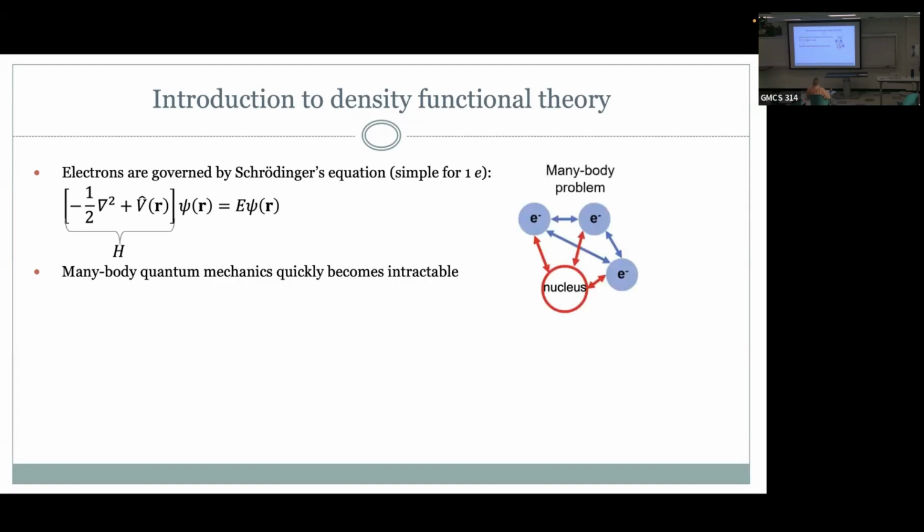The problem is when you have multiple electrons, it becomes a many-body problem, and it quickly becomes intractable. The many-body quantum mechanics is extremely difficult.